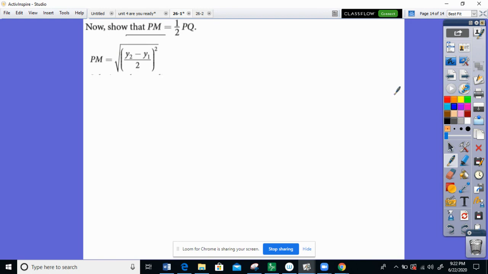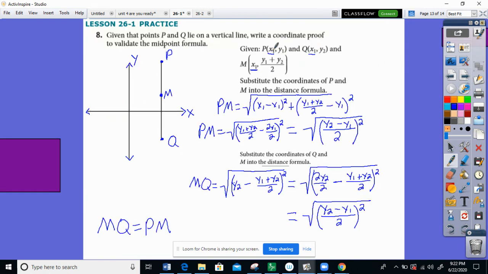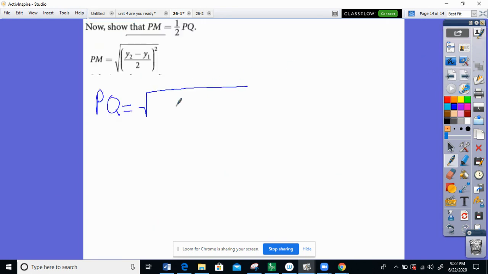So let's work out the length of segment PQ. So the length of segment PQ, let's see, well, if we plug in x1 and x1, that's going to be the square root of x1 minus x1 squared plus y2 minus y1 squared.